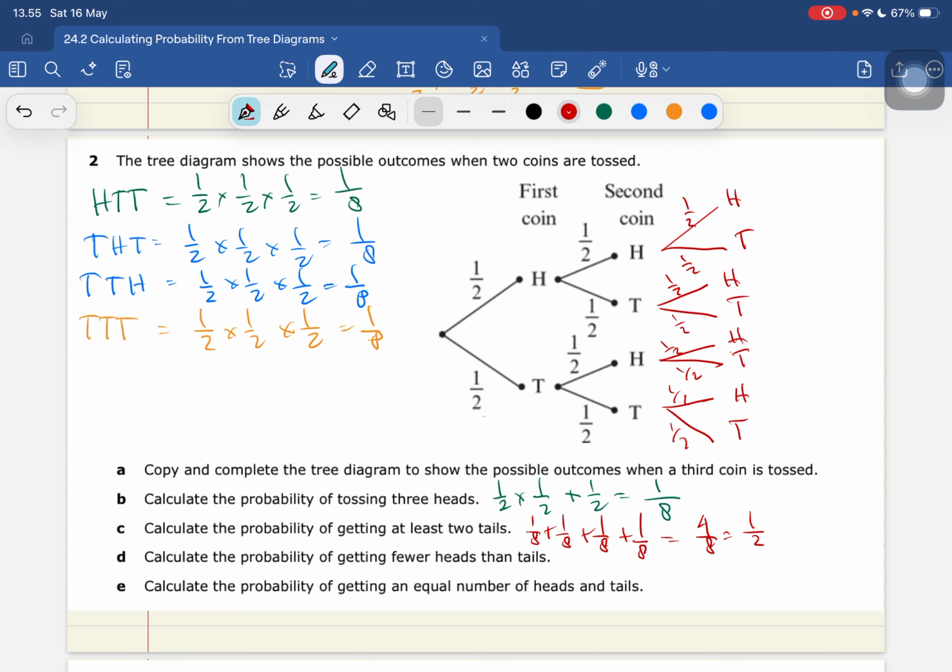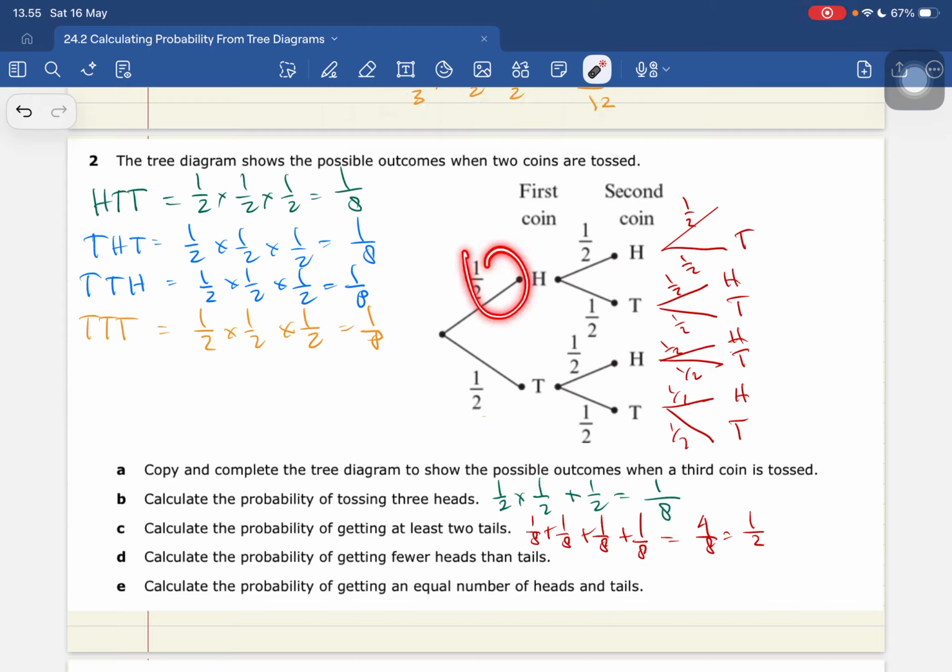D. Calculate the probability of getting fewer heads than tails. Fewer heads: head, head, head, no, because 3 heads is not fewer. Head, tail, head, no, heads are still more.